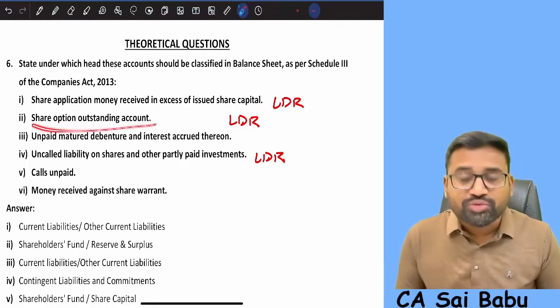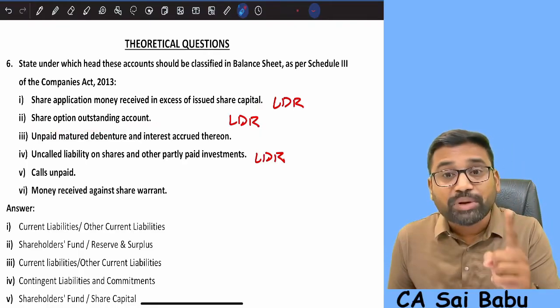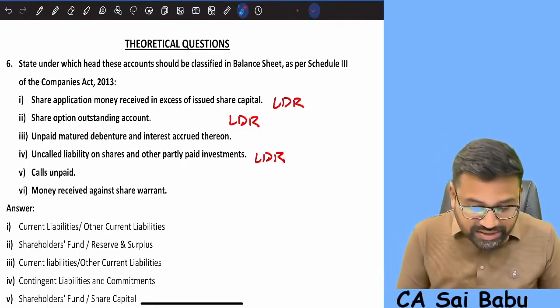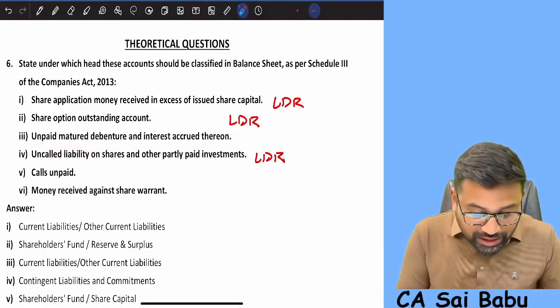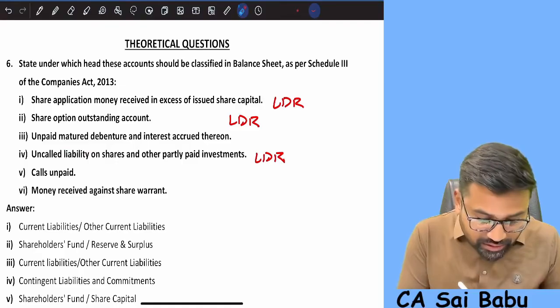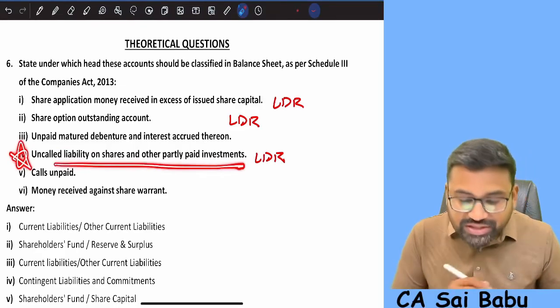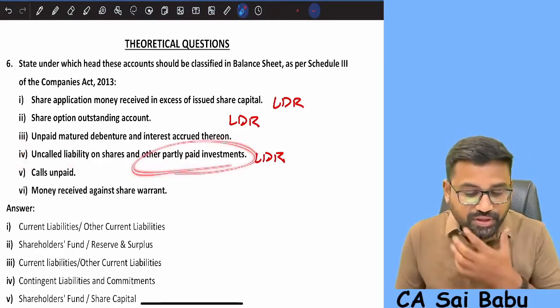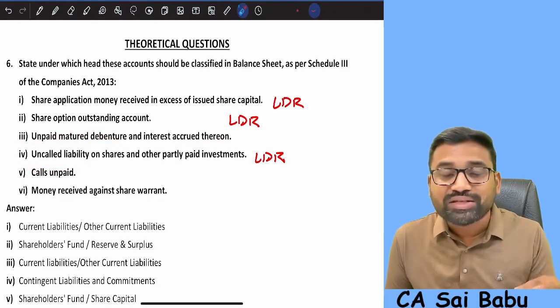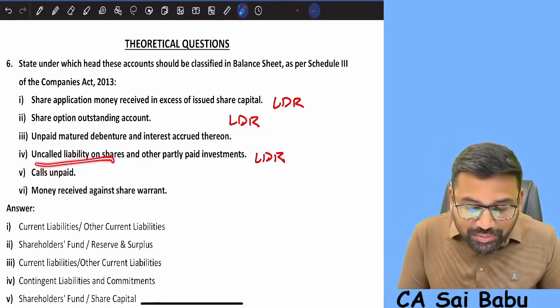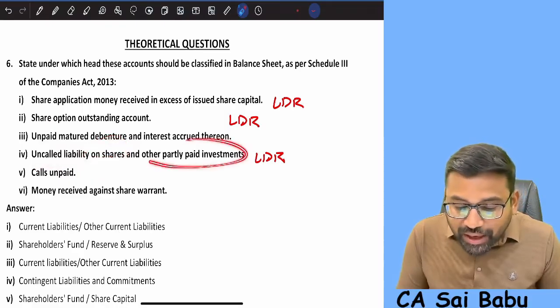Next, share option outstanding account generally will be shown as a part of reserves and surplus. Next, unpaid matured debentures are other current liabilities. Now this one is very, very important. Uncalled liability on shares and other partly paid investments. The moment you see uncalled liability on shares, most students think it is a calls scenario. No, this is uncalled liability on shares and other partly paid investments.